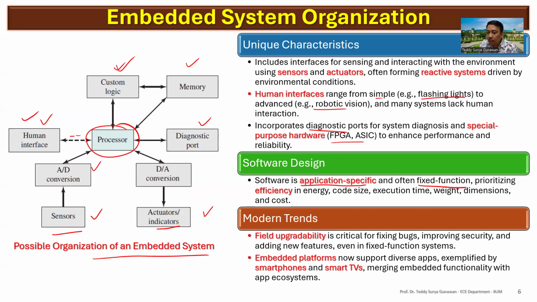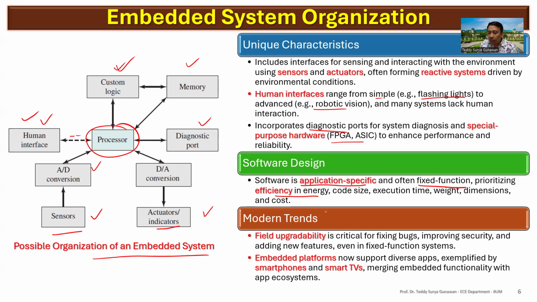There is no addition of functions, which prioritizes energy efficiency, code size, execution time, weight, dimension, and cost. If we don't have so many functions, for example, we don't need so much RAM or memory, and it will reduce the cost, and at least the weight and dimension.